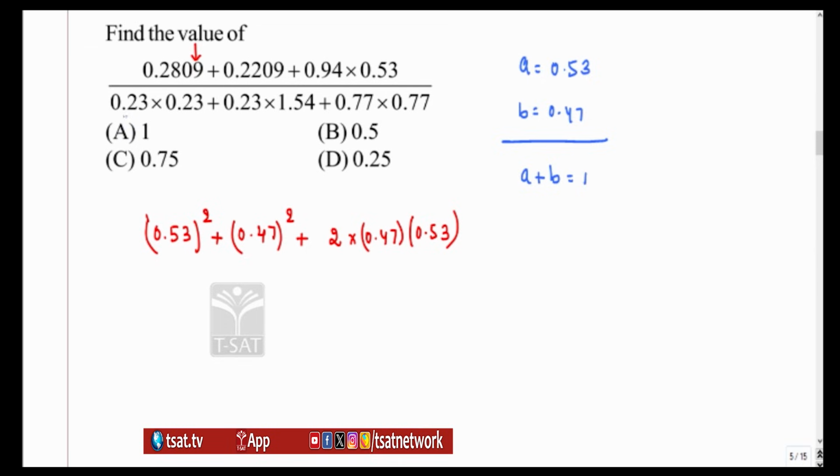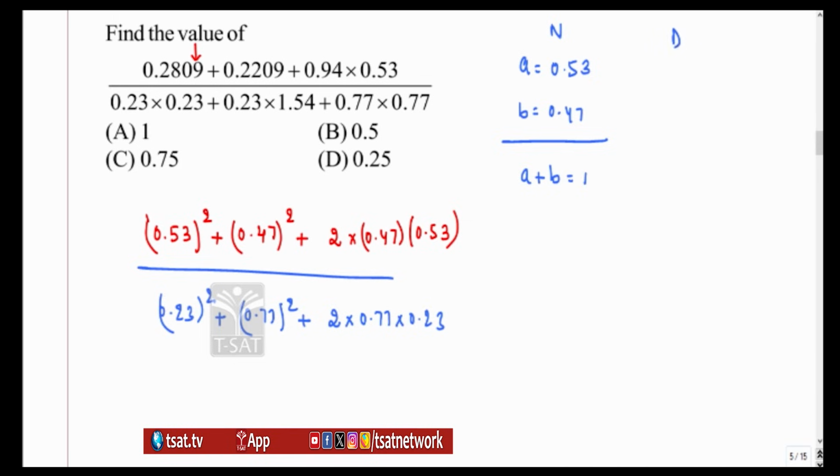In the denominator also, it is 0.23 whole square plus this 0.77 whole square. 0.54 you can write as 2 into 0.77 into 0.23. Now look at the denominator.